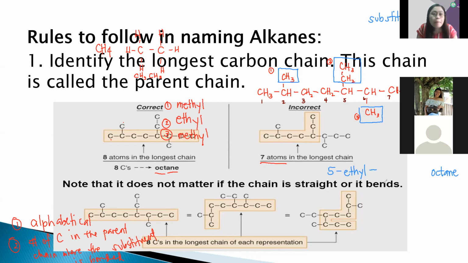Anong sunod? Methyl. However, meron tayong dalawang methyl. Kapag ganito ang case class, gagamit tayo ng prefixes. Ano yung prefixes?